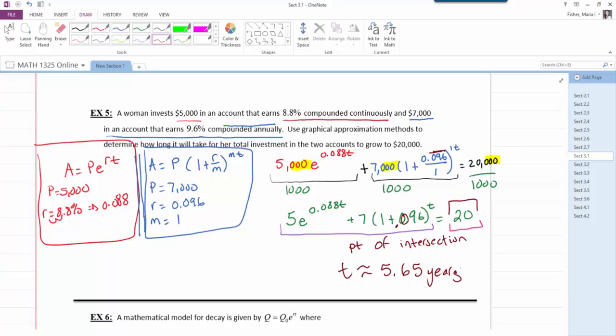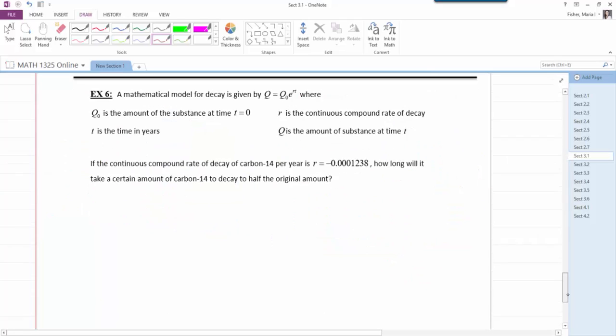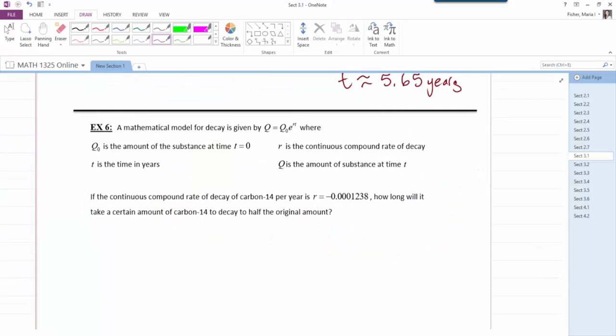All right, let's look at number 6. Before we look at the actual question, which is right here, just a couple of things to note. So there's a mathematical model for decay, and it's the same thing for growth as well. It's Q equals Q naught e^(rt), where Q sub 0 is called Q naught.